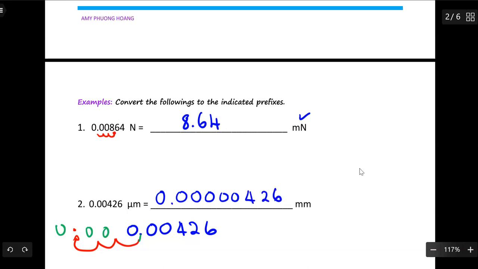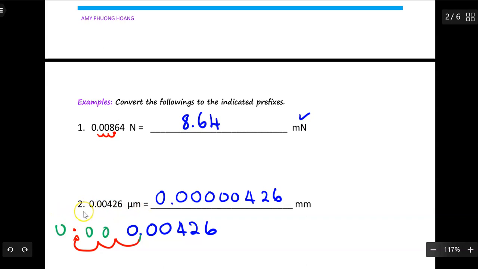In this case, I end up with 1, 2, 3, 4, 5 zeros after the decimal point, because you pick this decimal and then you move so that you meet the milli. So for micro, you have to move this way to meet the milli.